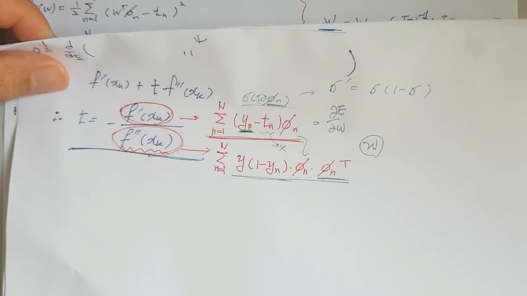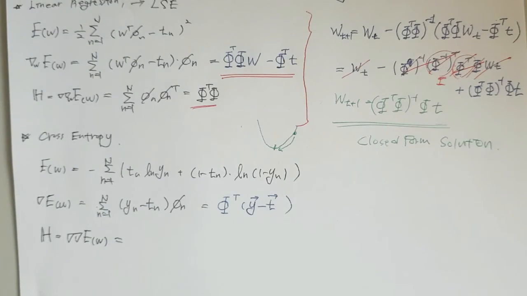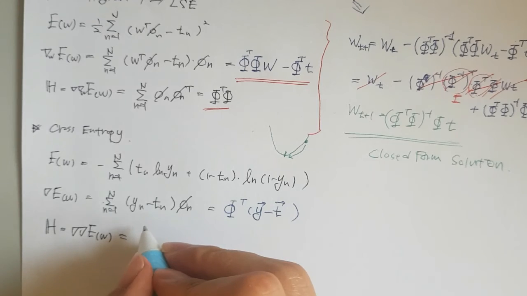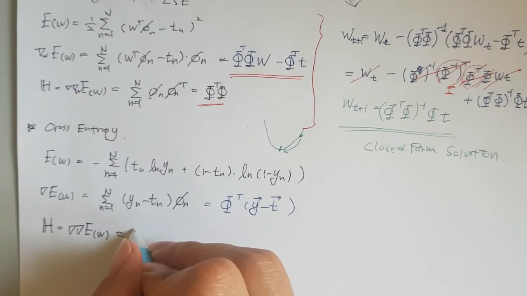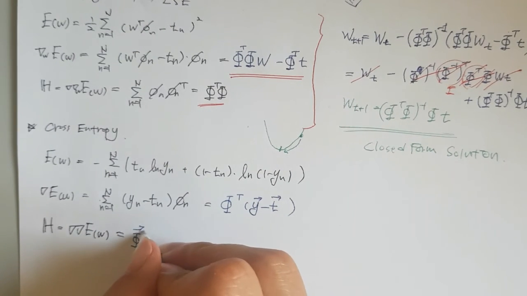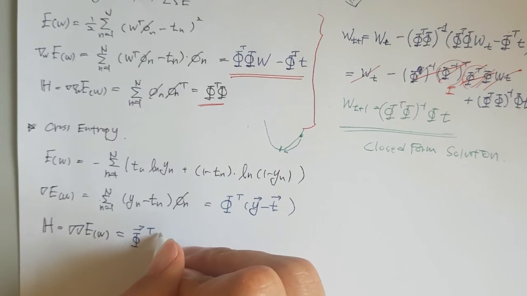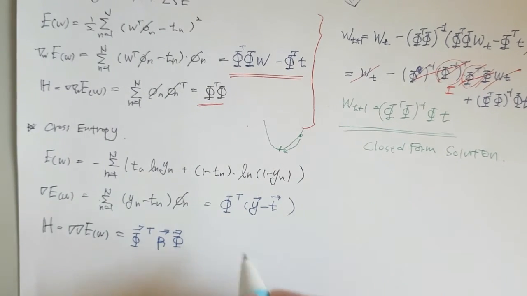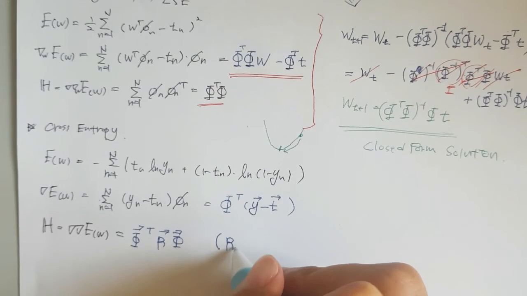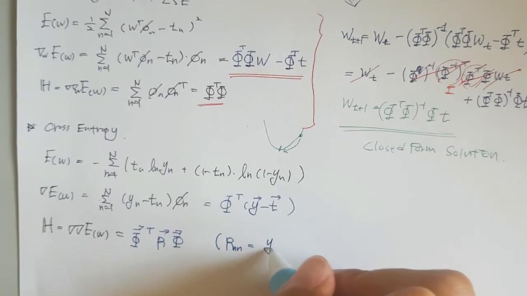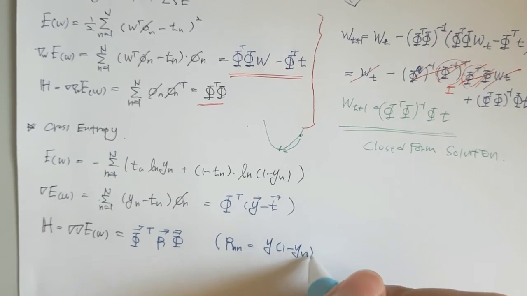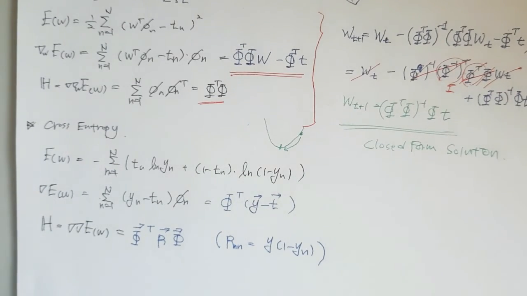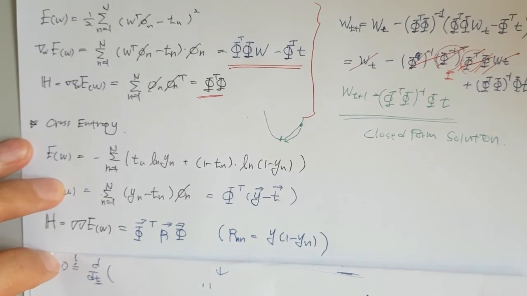So I will write down the matrix form, and here it will be y1 minus yn.